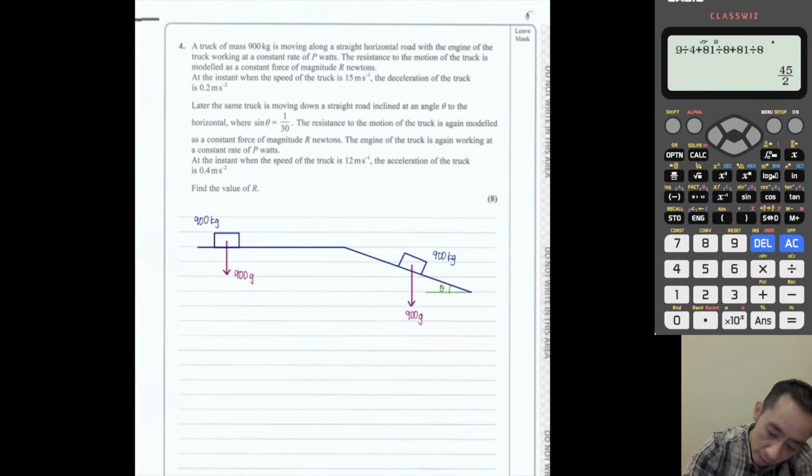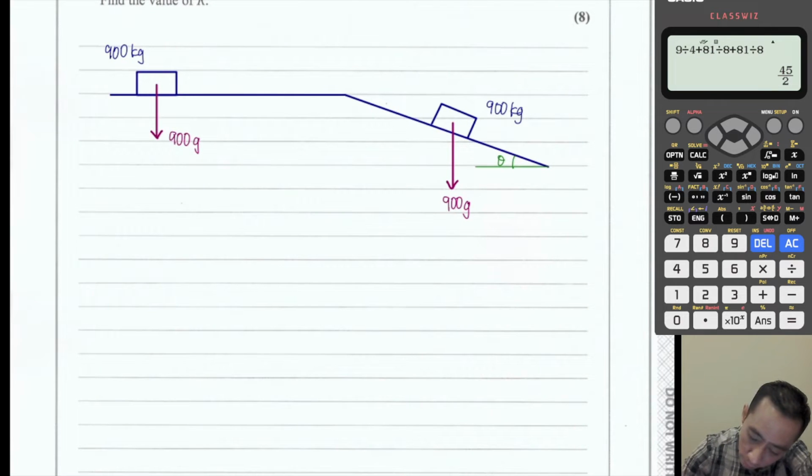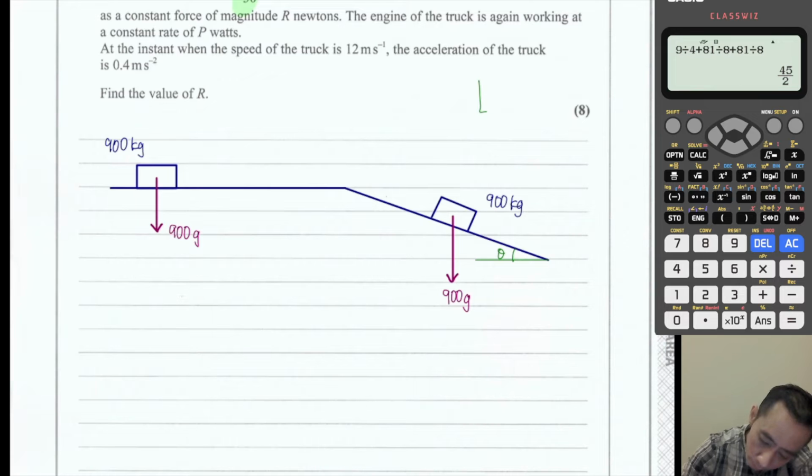So let's draw this diagram here. Sine of this angle is 1/30.